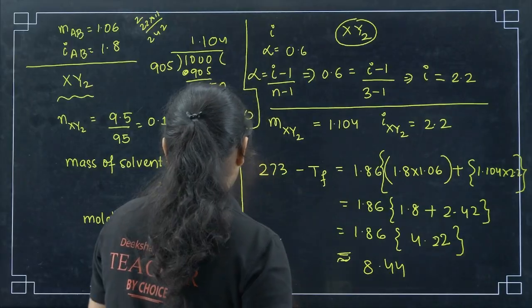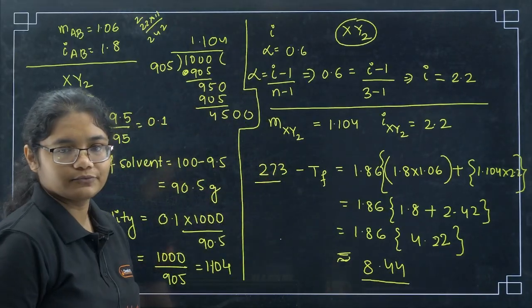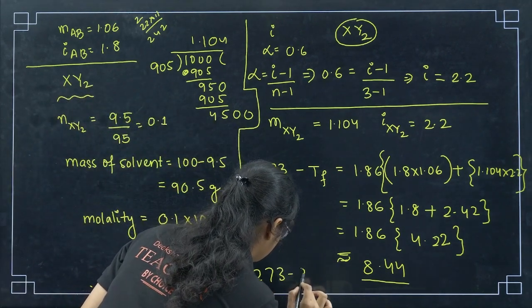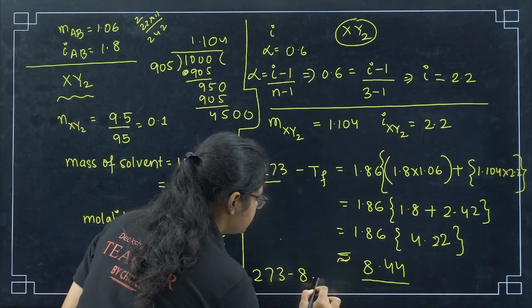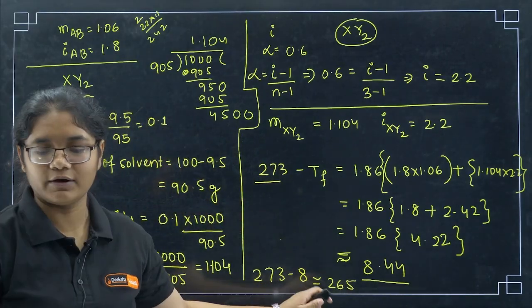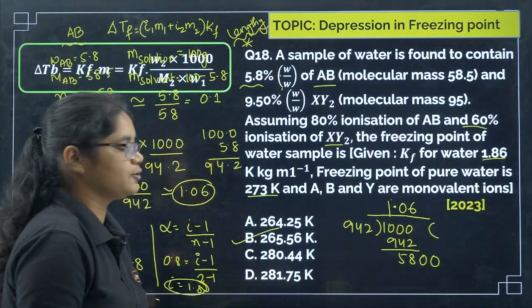Okay, now 273 minus this one I have to do. So 273 minus 8 will be somewhere around 265, right? So 265 point something will come. So let's see the options. Yes, I have this option, that is option number B.